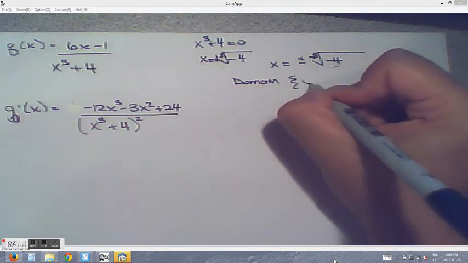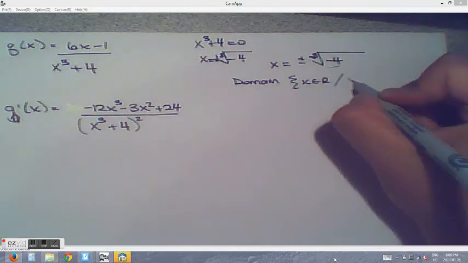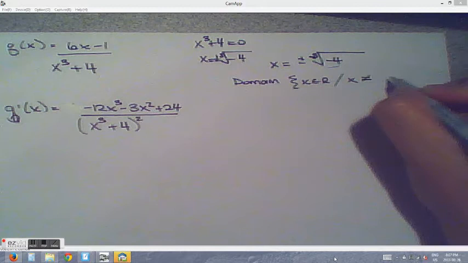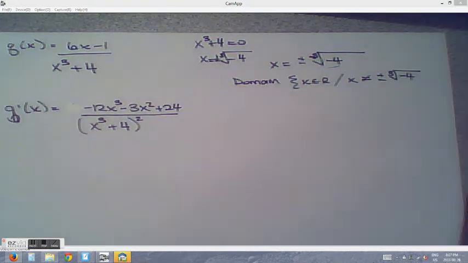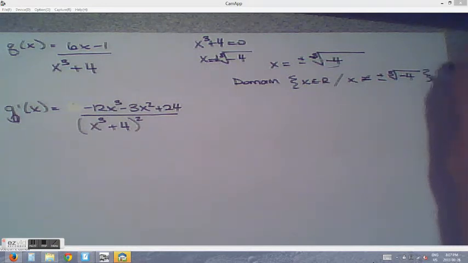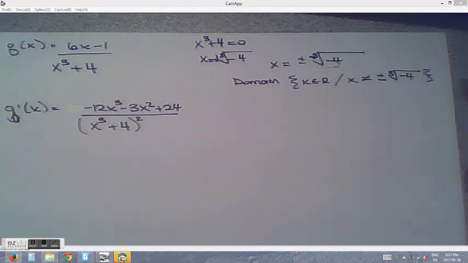So our domain then is such that x belongs to the set of real numbers such that x cannot equal plus or minus the third root of -4. And I just include it into one statement rather than having to separate the negative and the positive.